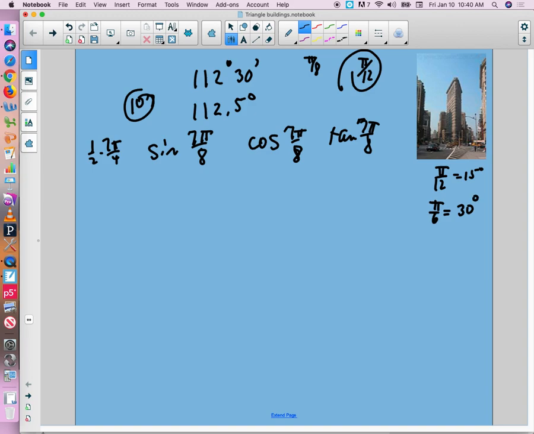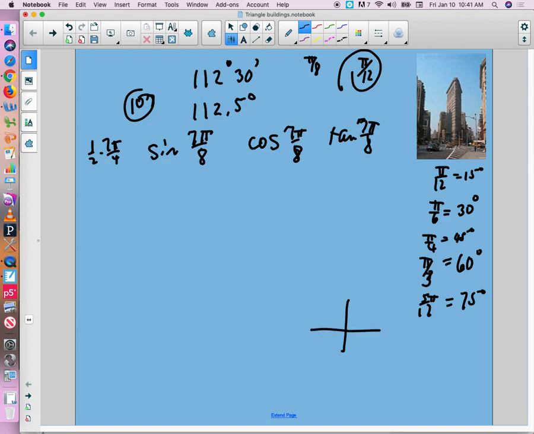1 pi over 12, 2 pi over 12. What's 3 pi over 12? 45. It's working out pretty good, right? The next 15 degree increment is 60, that's 4 pi over 12. It's working out with what you know. The next one is 75 degrees, but I'm on 5 pi over 12.